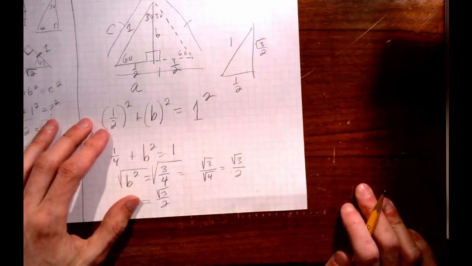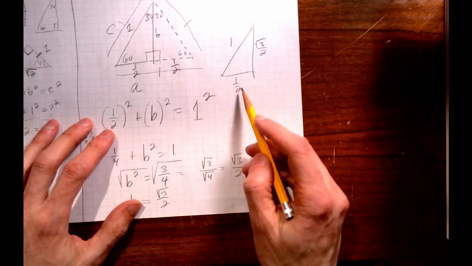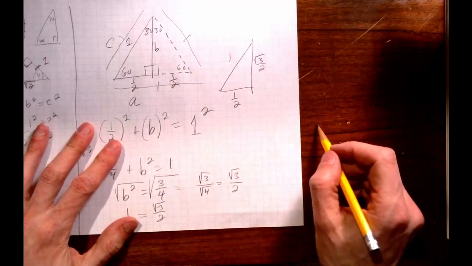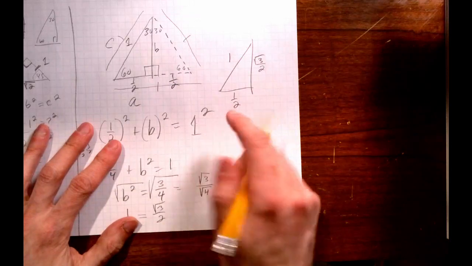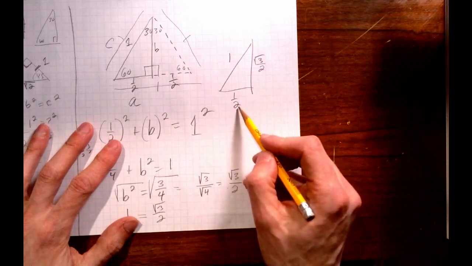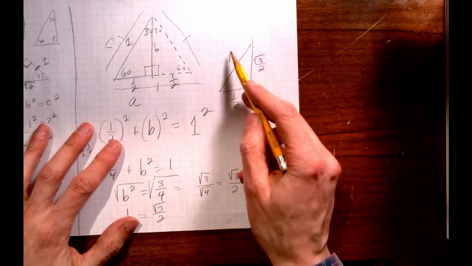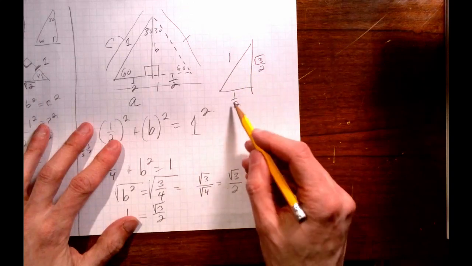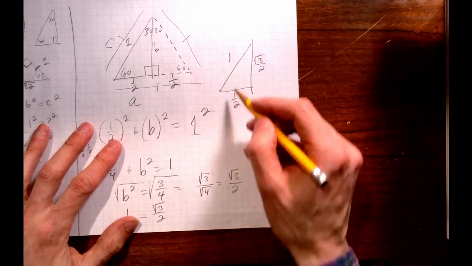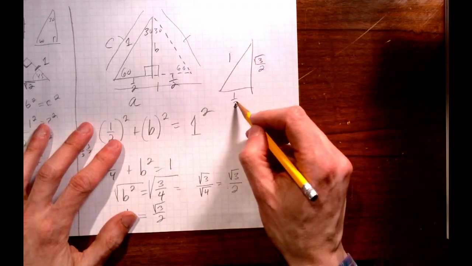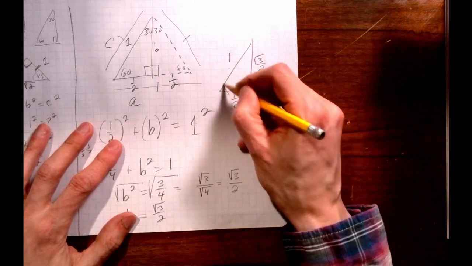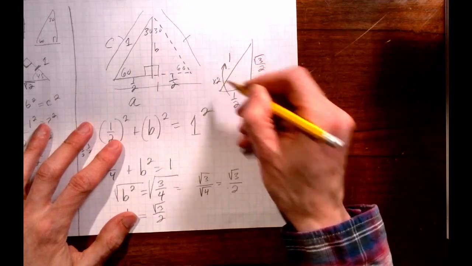So you might be looking at this and be like, this doesn't look like how it looks in the book or whatever. Well, if you look at it, we could say, well, what times this gives you this? Well, that would be 2, right? So we're going to play a game where we just see, like, how do I get from here to there? So if I want to get from here to here, I multiply by 2.